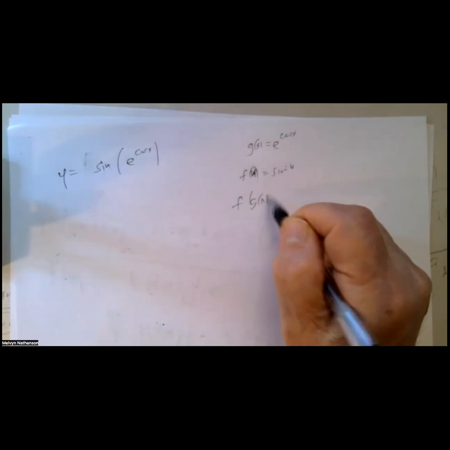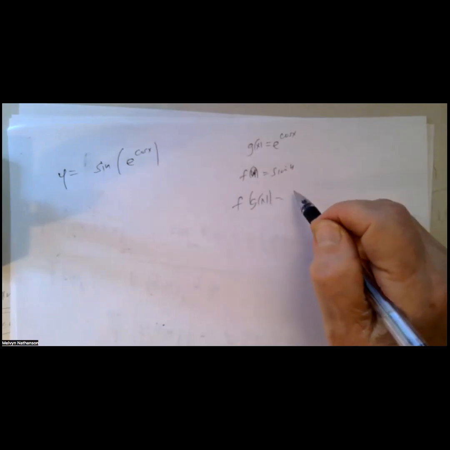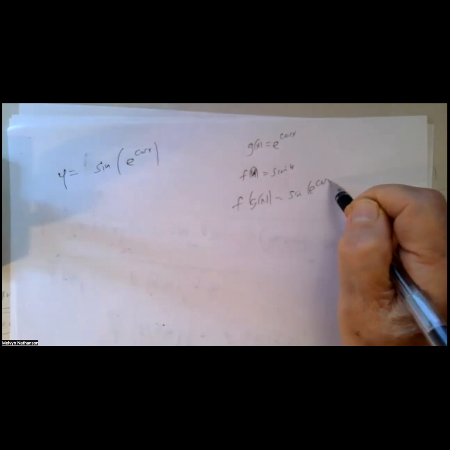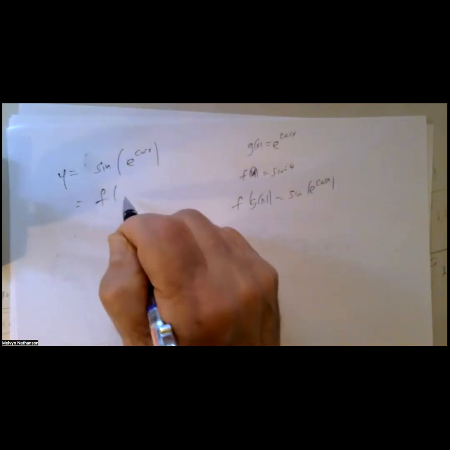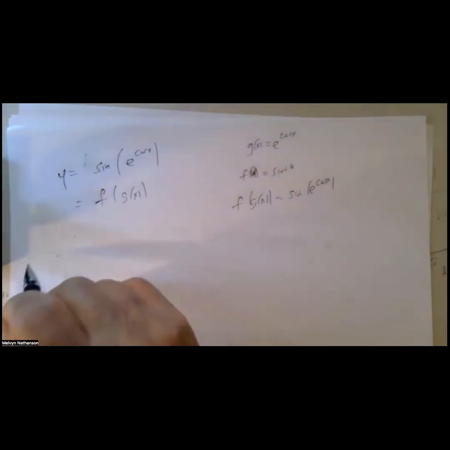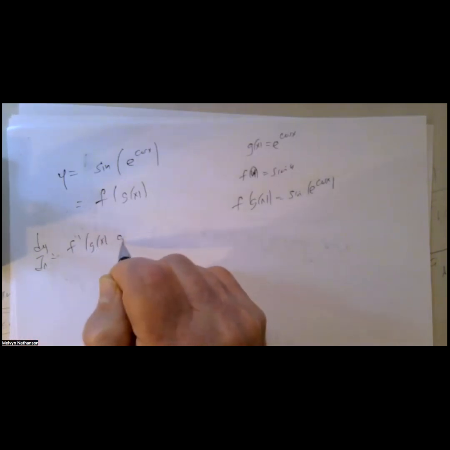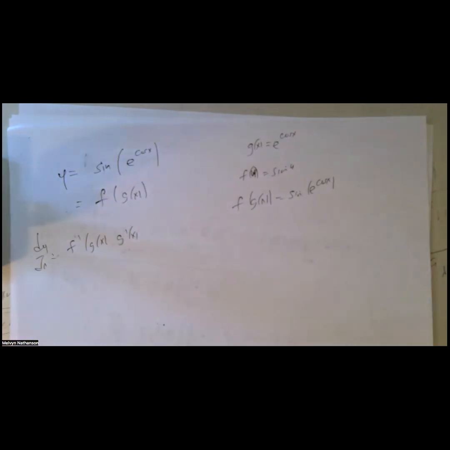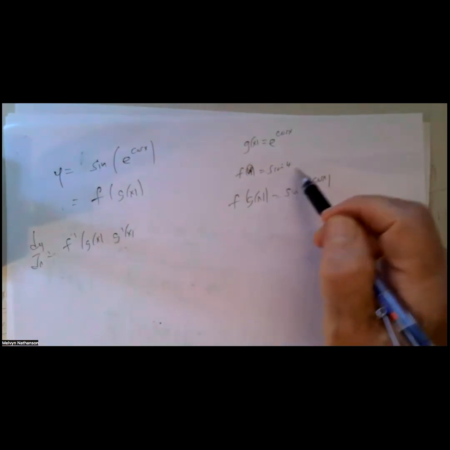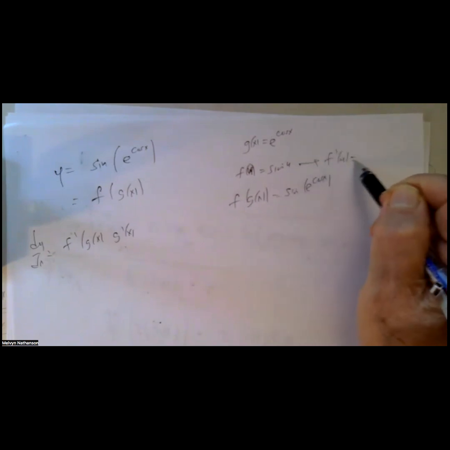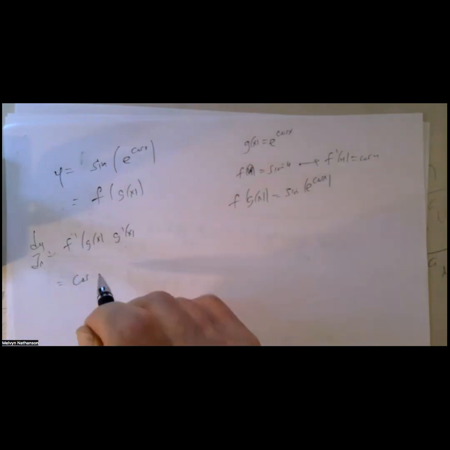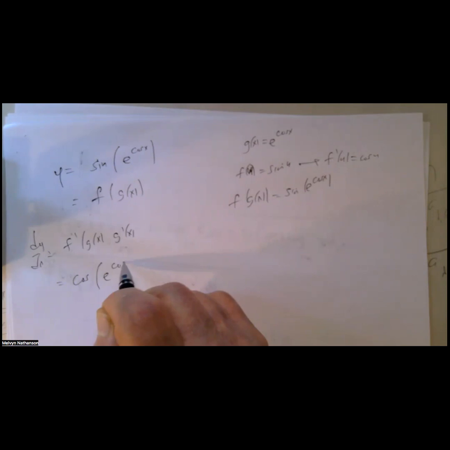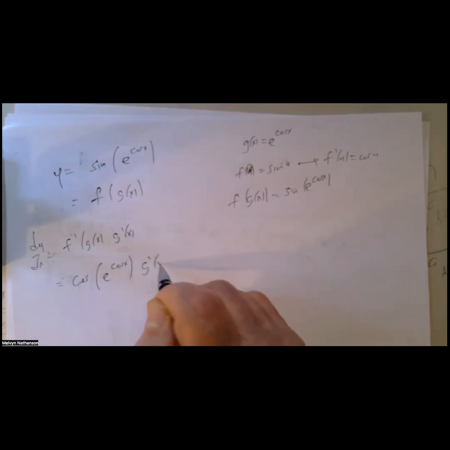So f of g of x is the sine of e to the cosine x. So this is the composite of the functions f of g of x. So dy dx is f prime of g of x, g prime of x. So if f of u is sine u, f prime of u is cosine u. So this is going to be the cosine of g of x, that is the cosine of e to the cosine of x, times g prime of x.